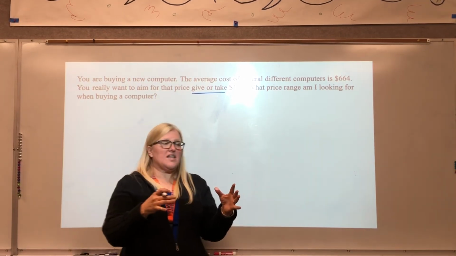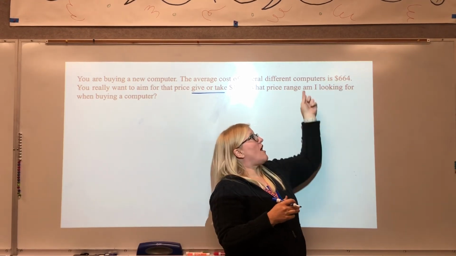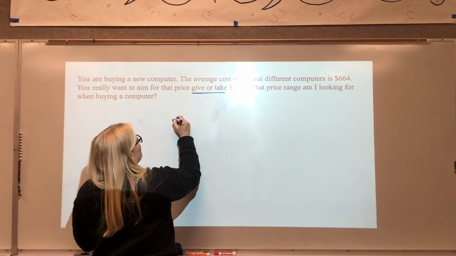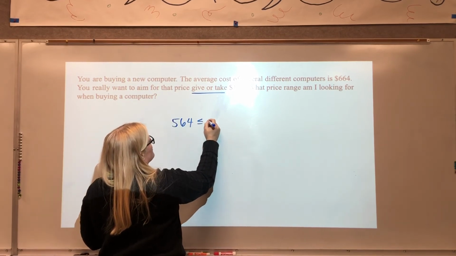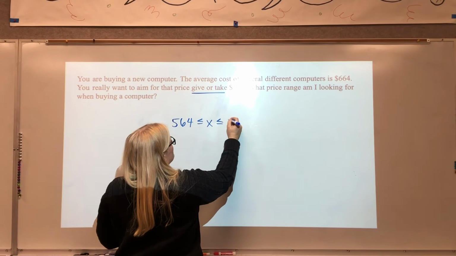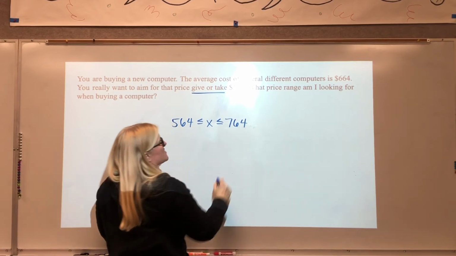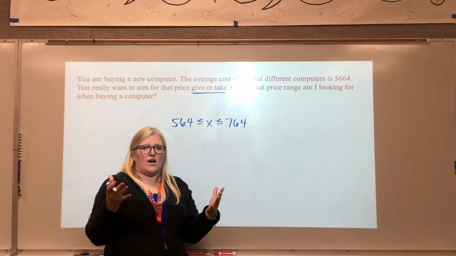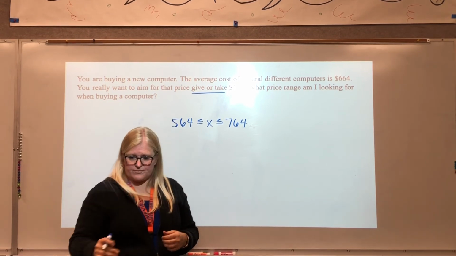So give and take means I can take $100 off both ends. Okay, so my low end would be $564, and my high end would be $764. So that's the range of the cost of a computer that I'm looking for.